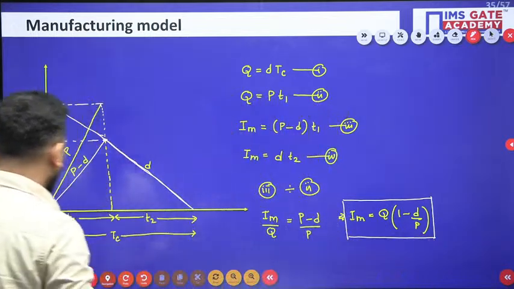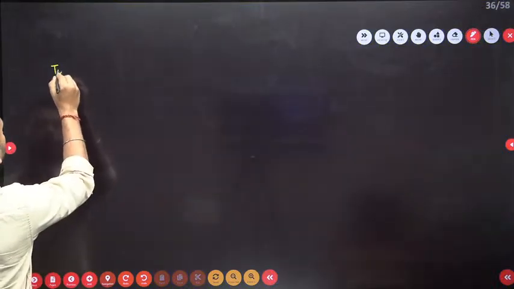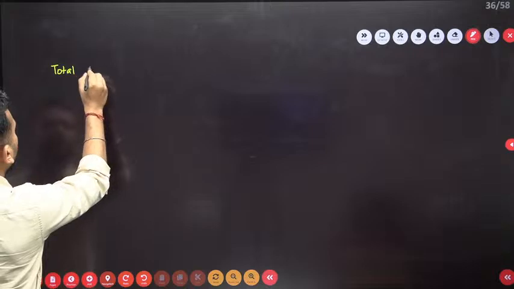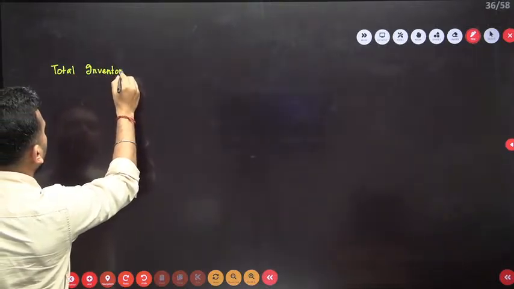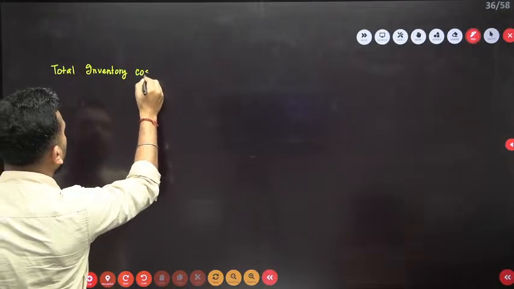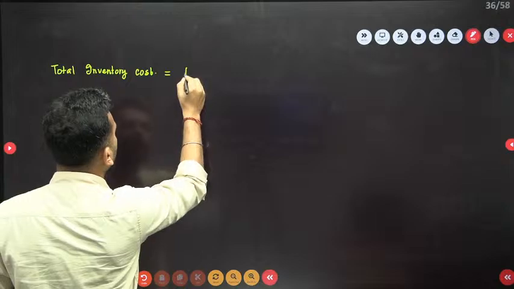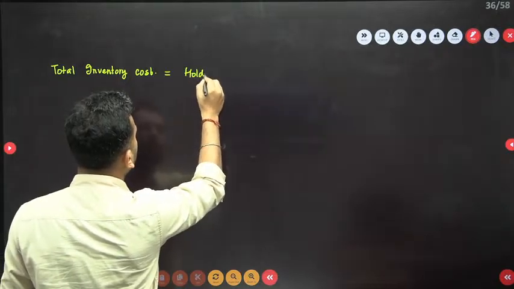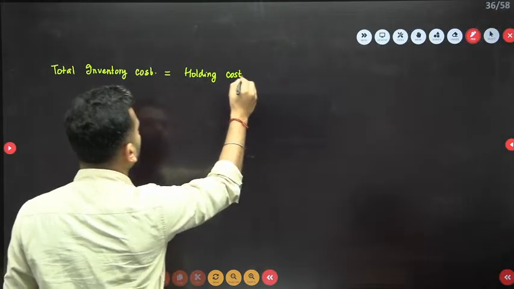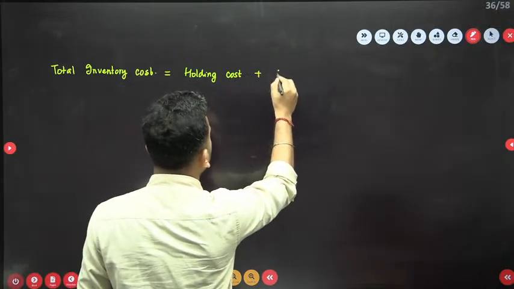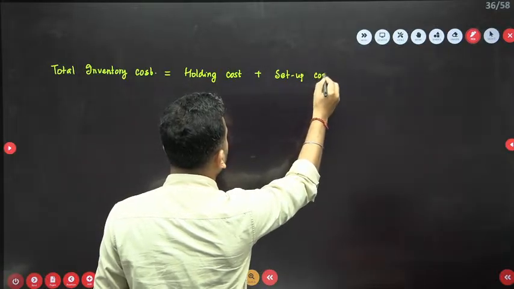right? And suppose I have to write the total inventory cost. Here I will write the holding cost plus the setup cost now comes into the picture.